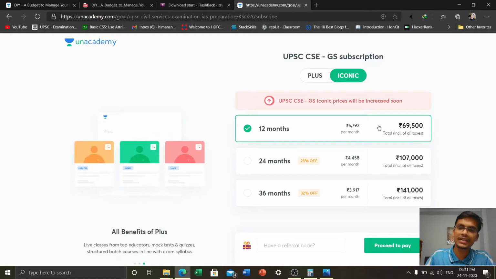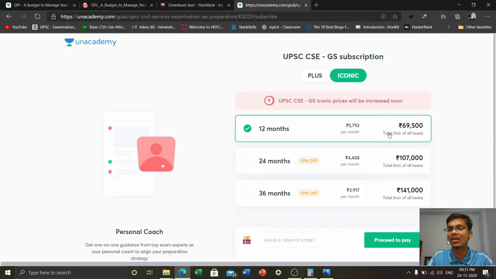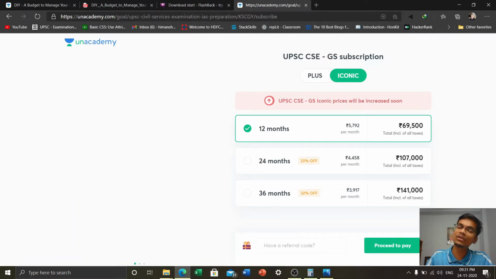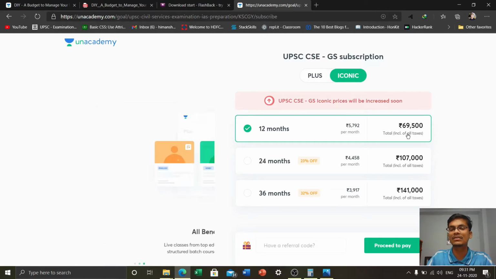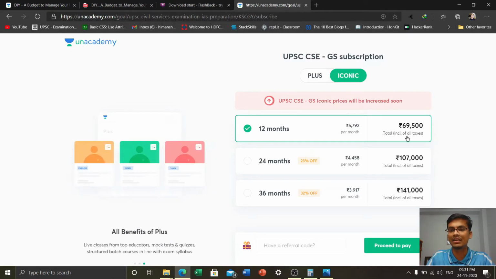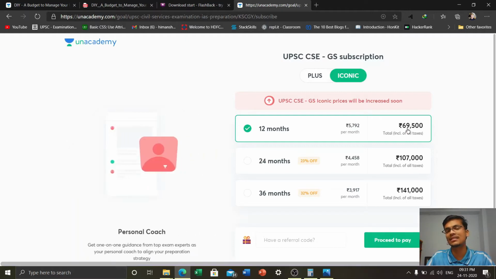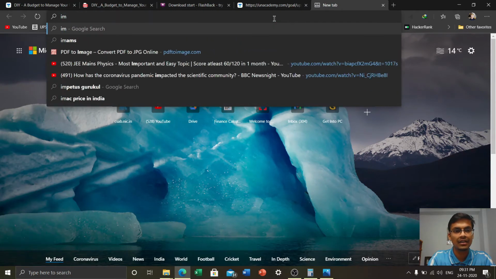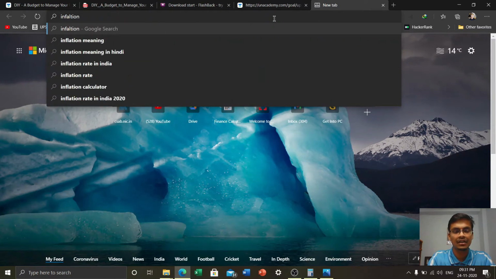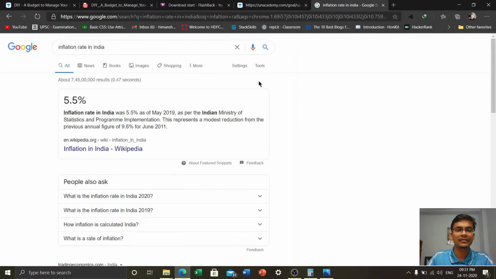And now here's the catch. I am watching this price, which seems to be 70,000 on this day, that is 24th of November 2020. This subscription price could get a hike within a year as goods and commodities and services get costlier with time. So looking for the inflation rate in India. It was 5.5% as of May 2019.